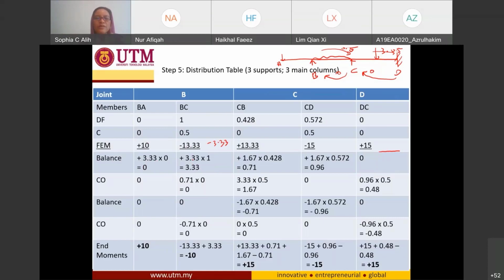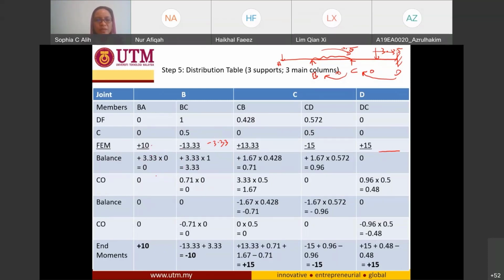The distribution is based on the distribution factor, so for each member I need to distribute this newly introduced moment based on their distribution factor.